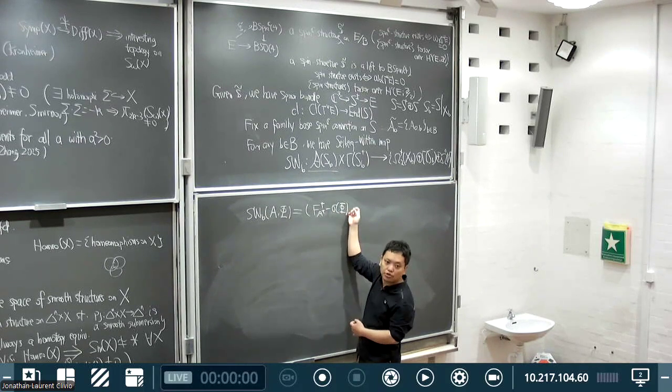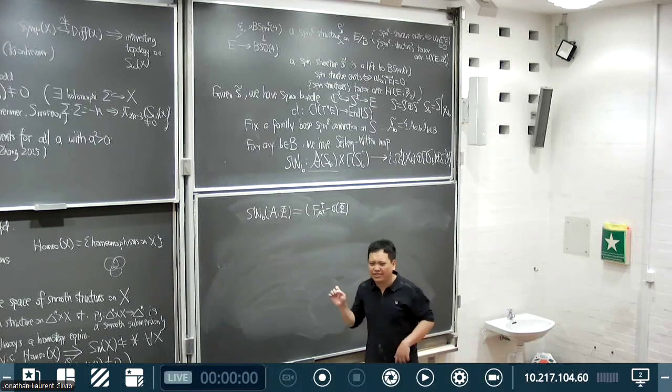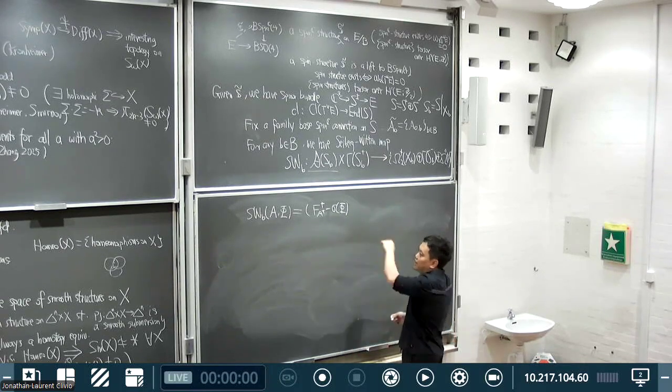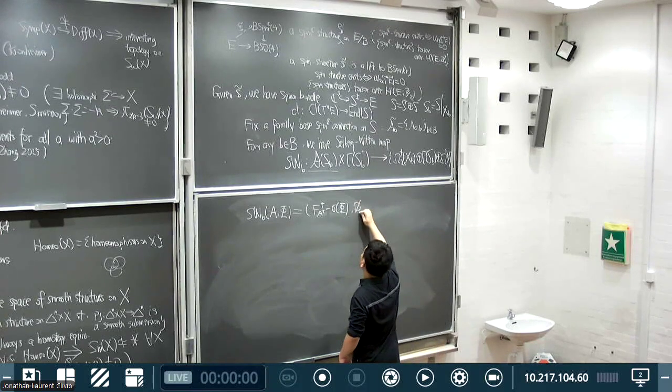Sigma is the quadratic term introduced in the second lecture, defined using the Clifford multiplication, and also the Dirac operator.